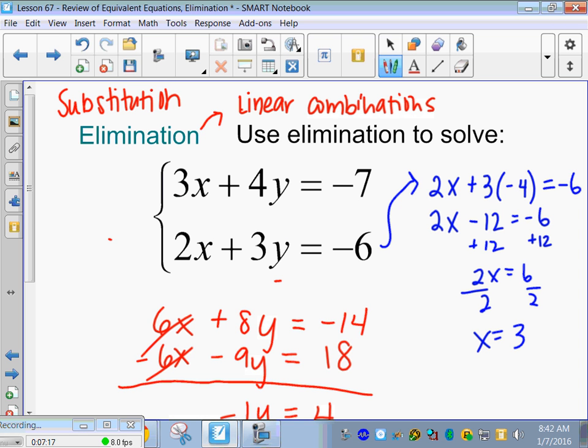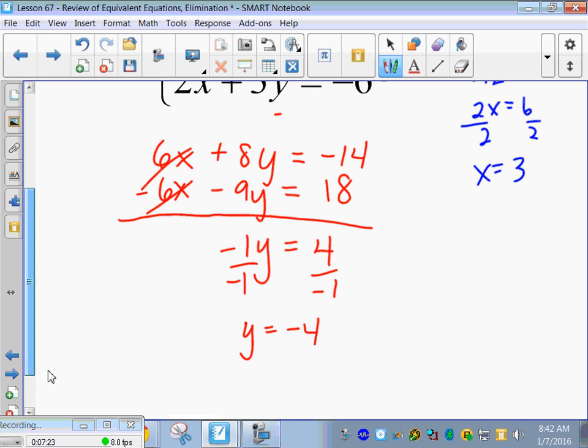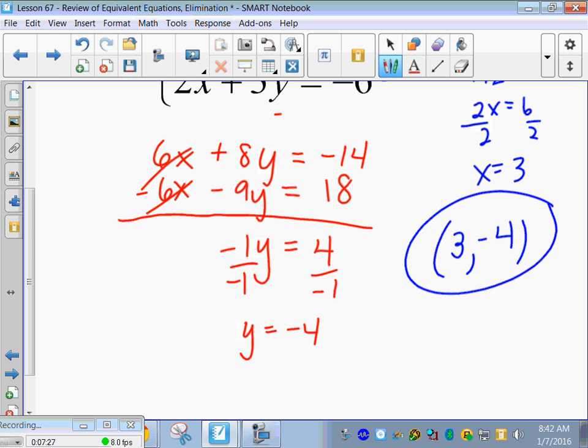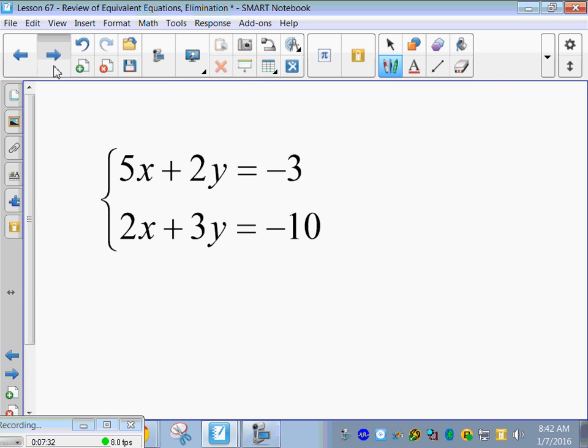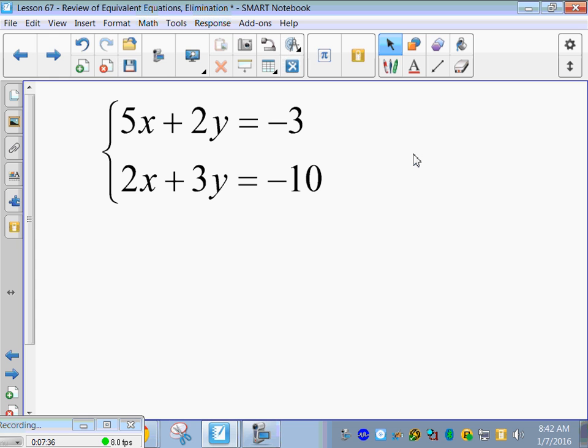And don't forget to get this problem fully right, you have to write it as a coordinate, x comma y. So in order to write it as a coordinate, 3 goes first, negative 4 goes second. Okay, we're good to go. That is called elimination. Let's try another one. So write that one down.